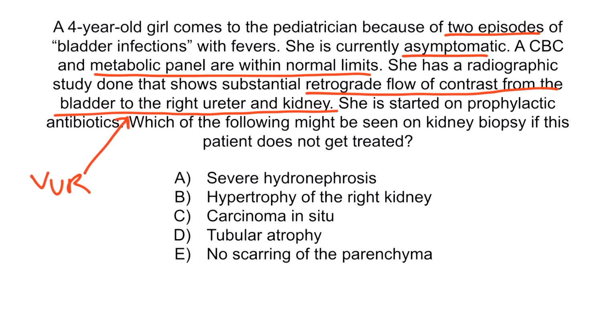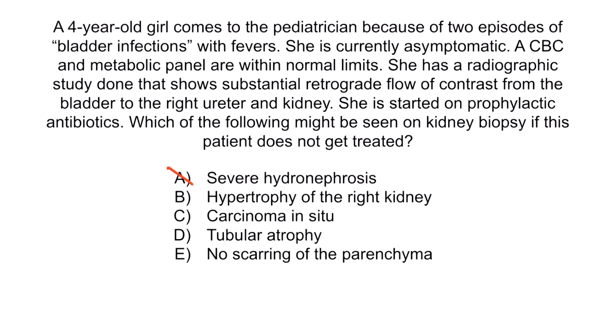As we know, vesicoureteral reflux puts this girl at risk for chronic pyelonephritis if the reflux causes her to continually get acute episodes of pyelonephritis. And the question is asking, what might we see on kidney biopsy if the patient developed chronic pyelonephritis? Well, we know that chronic pyelonephritis can cause irreversible kidney damage, including scarring, inflammation, and atrophy. So the best answer is D, tubular atrophy.